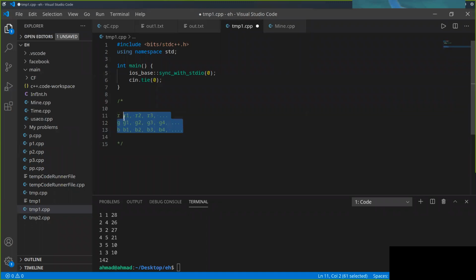So now we are given three arrays, and we want to form such rectangles to get the maximum area.